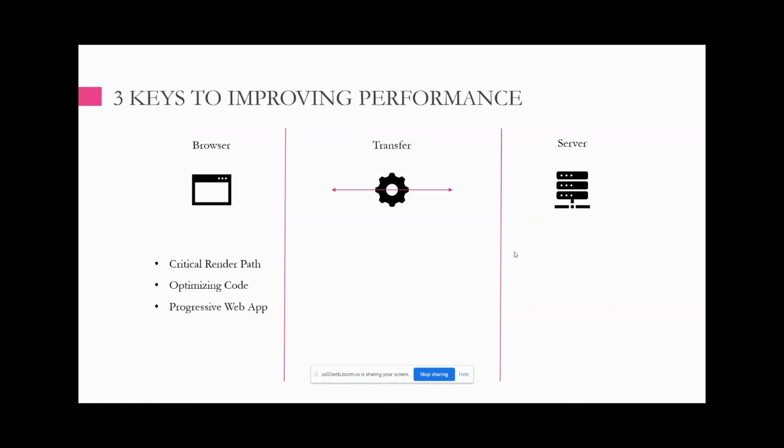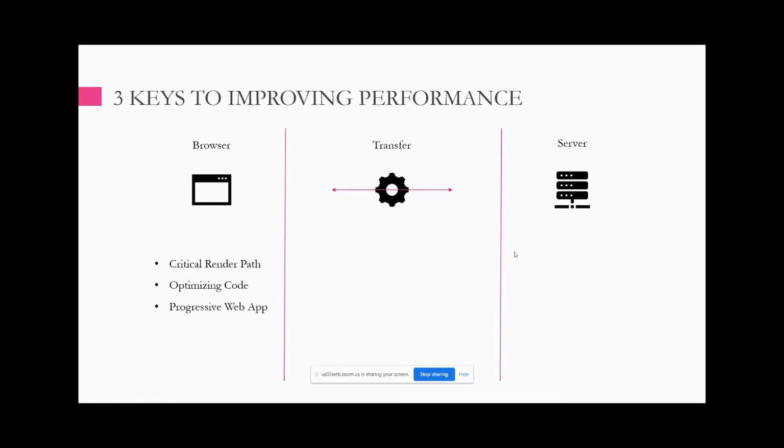So from the browser side, we need to understand the critical render path. This is the process that the browser goes through when an HTML file comes to it, in order to show a web page and paint it on the screen. Understanding this might help us understand how to optimize certain areas of it.